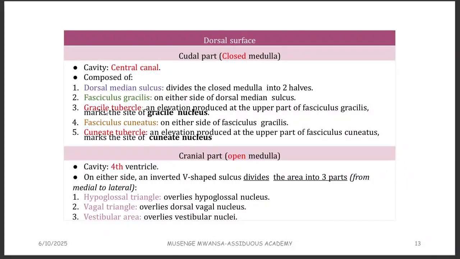Okay, so I've got the fasciculus cuneatus, which is on either side of the fasciculus gracilis, and then the fasciculus cuneatus produces an elevation which we call the cuneate tubercle. So it's important to understand the cuneate tubercle is an elevation that marks the site of the cuneate nucleus, just like the gracile tubercle tells us where the gracile nucleus is.